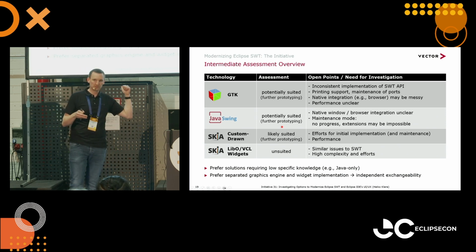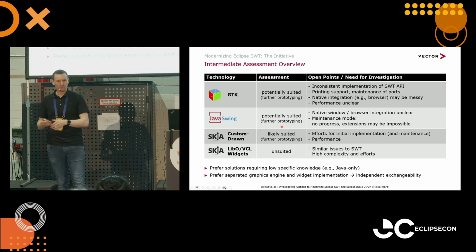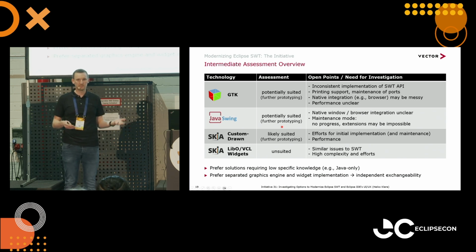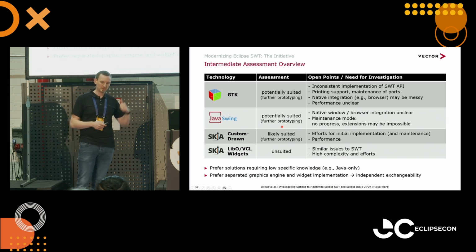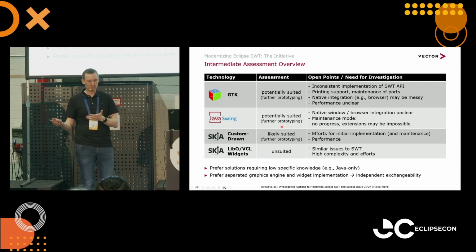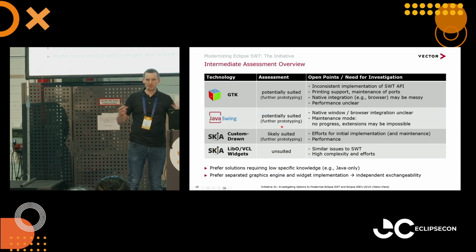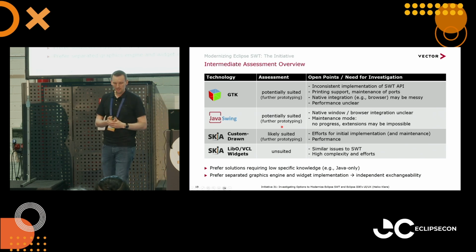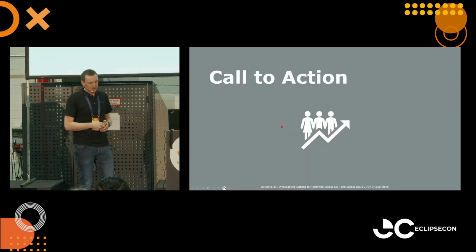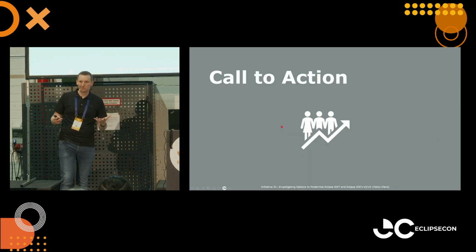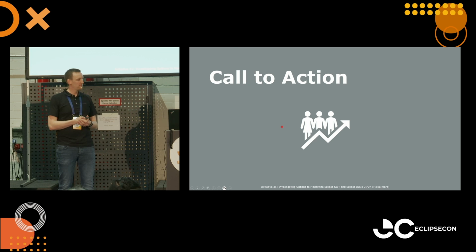But going with a solution based on Skia and some widget framework on top of that, you could just exchange Skia whenever you want. I've shown that in the example before. You can use native rendering, Skia rendering, or anything else you want. That's a real opportunity to then be able to independently exchange these two parts, the graphics engine and the widget framework.